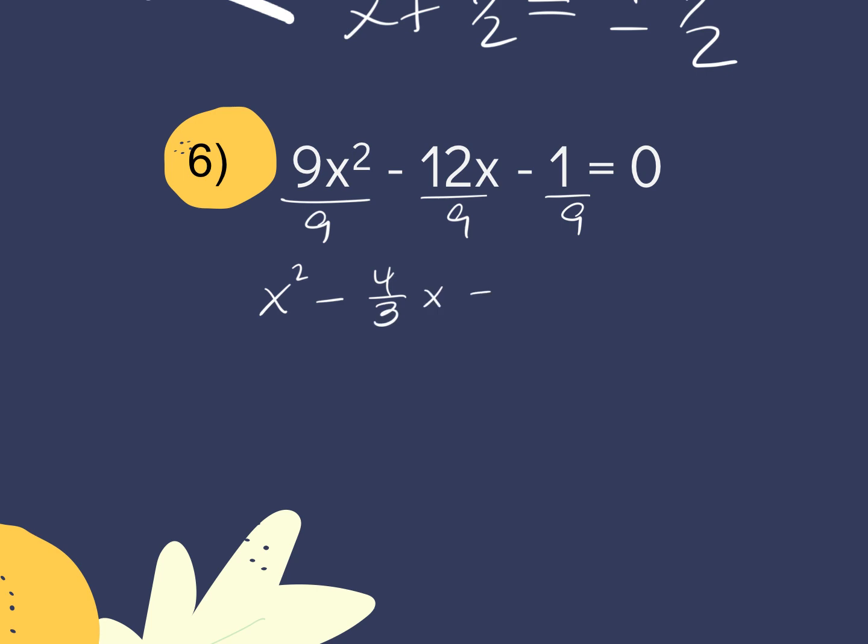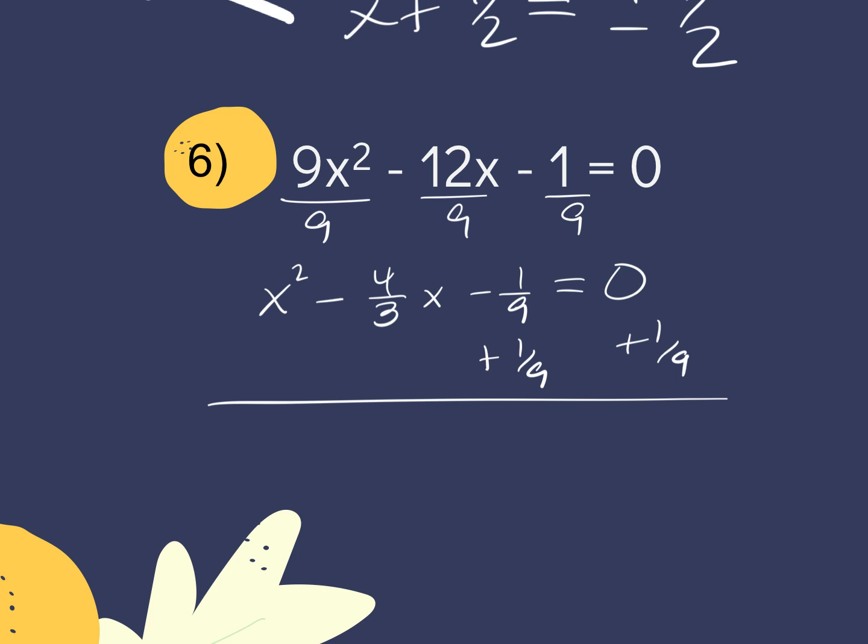And then minus the 1/9. Now I'm going to start my same process that I just did. I move the constant to the other side. And now I have x squared minus 4/3 x, blank space, equals 1/9, blank space.